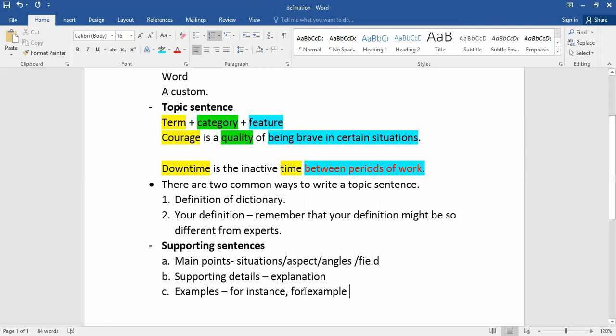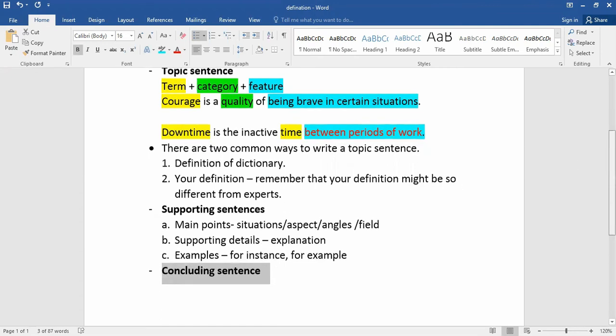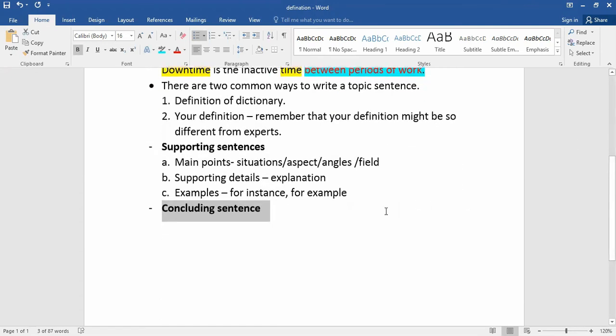So, how should the concluding sentence be? Mostly it is not, let me write it here. Concluding sentence. How should the concluding sentence be in this kind of paragraph, especially in this kind of paragraph, a definition paragraph?